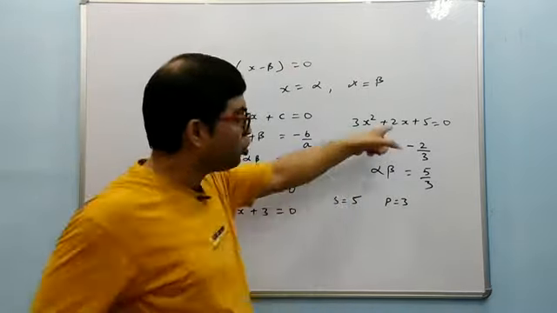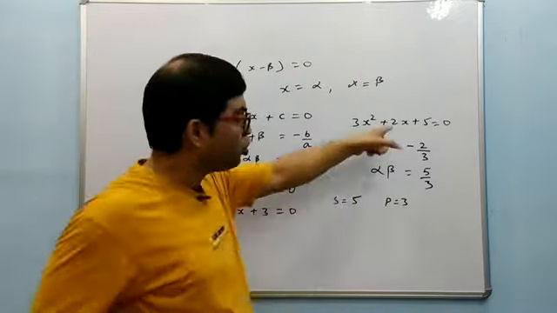So for finding the equation whose roots are alpha square and beta square, we need to find s. What is s here? Alpha square plus beta square, the sum of the roots of the required equation, not of the given equation.